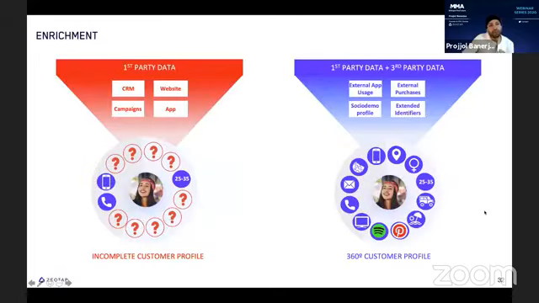The second step that follows is the enrichment of the relatively sparse first-party data with varied data sets from different providers that can help fill in the blanks. What we make available at Zeotap is a unified third-party data asset.